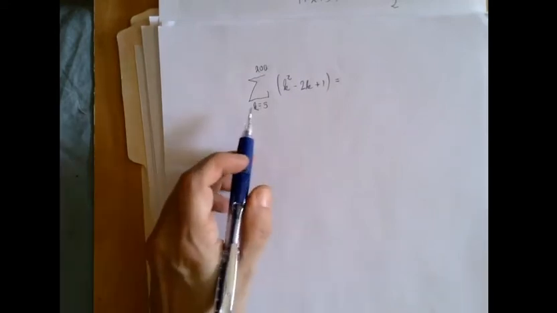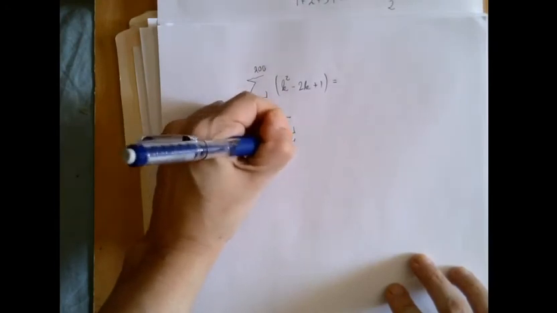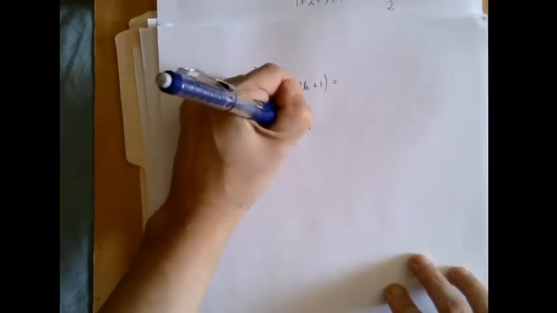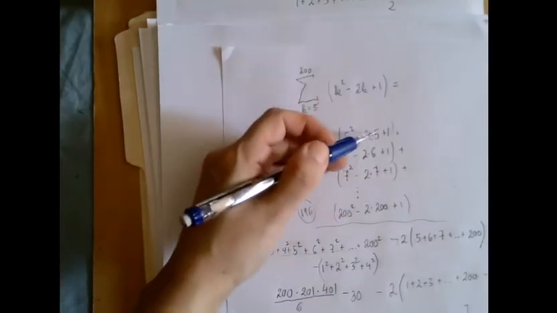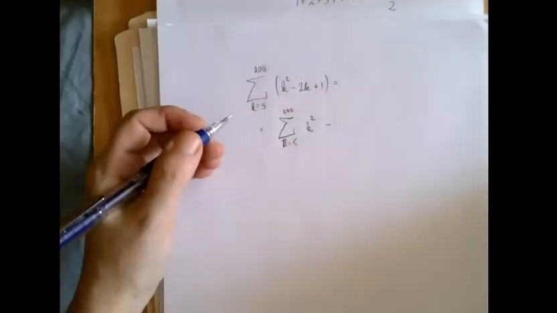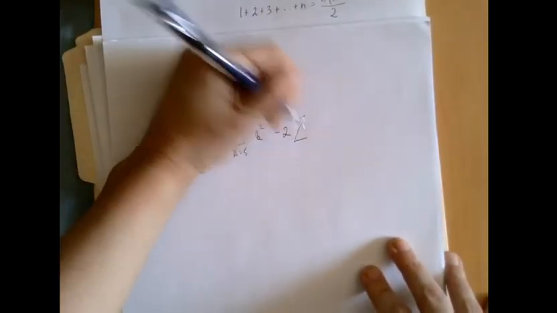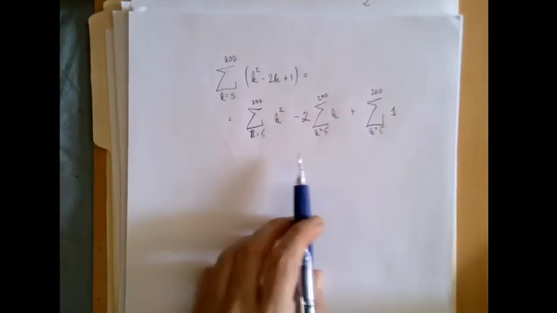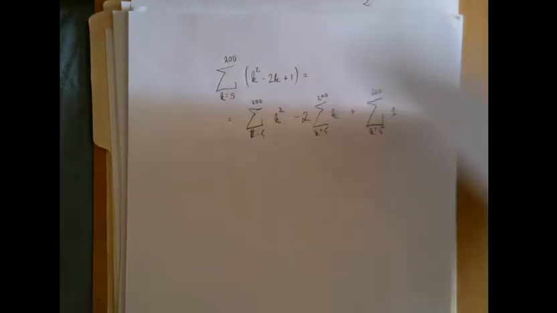Just like we did the columns, they can say, okay, we have k going from 5 to 200, k squared. Then the second column is negative 2 times 5 plus 6 plus 7 and so on. So we can factor out the negative 2 and then the summation. This is just compact summation notation, but the same idea is here.